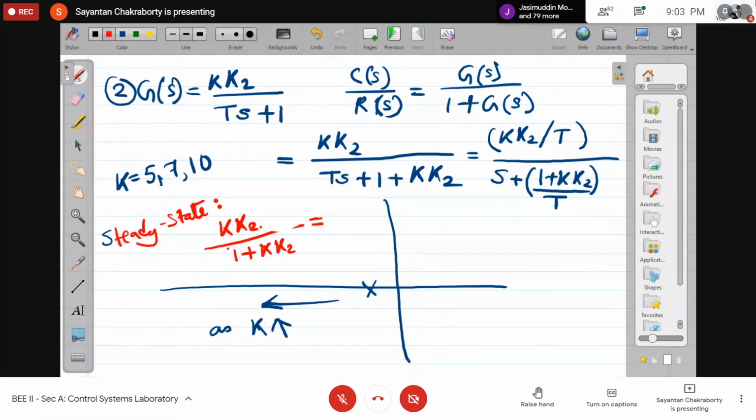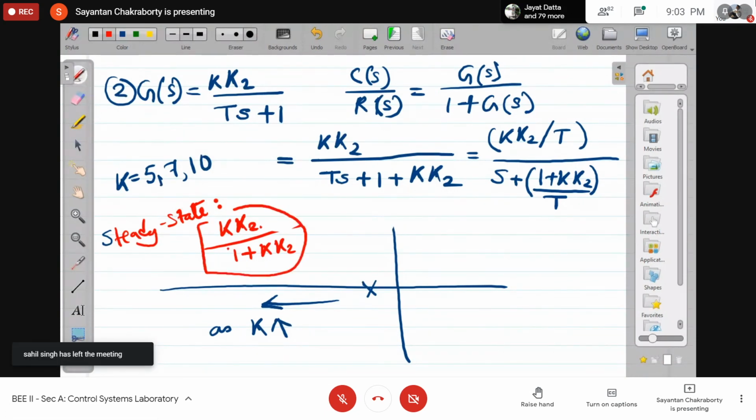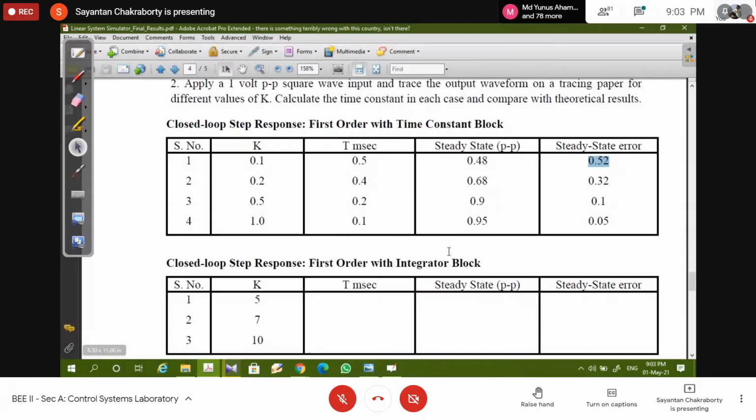So obviously there will be a finite steady state error because of this. As you keep on increasing K, this error will tend to reduce. Ideally, it should be equal to 1 to eliminate the steady state error, but this is not equal to 1.